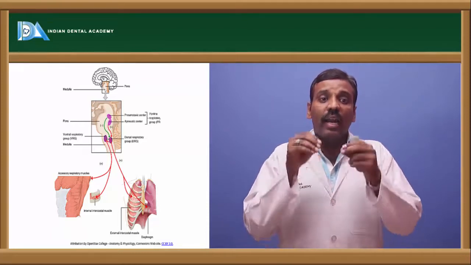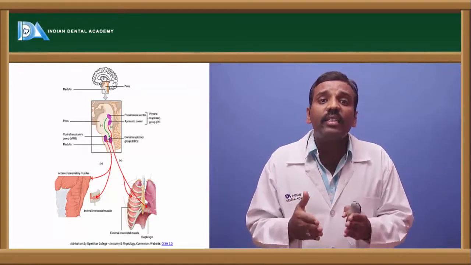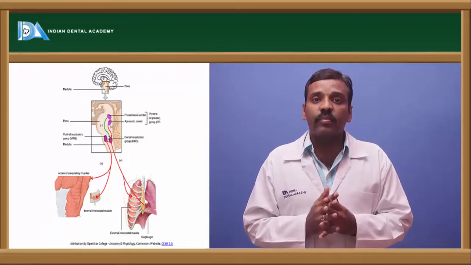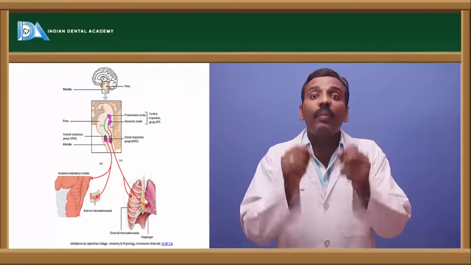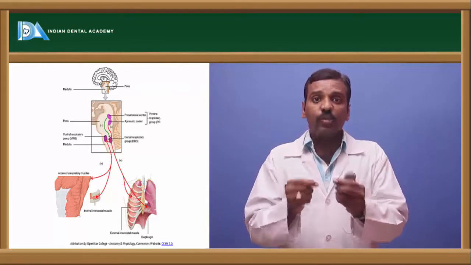When the lung capacity is more, the lungs send impulses to the apneustic centers, which send impulses to the inspiratory centers.